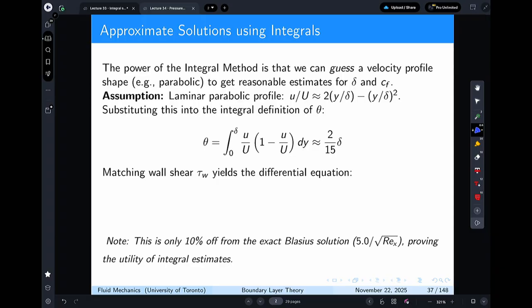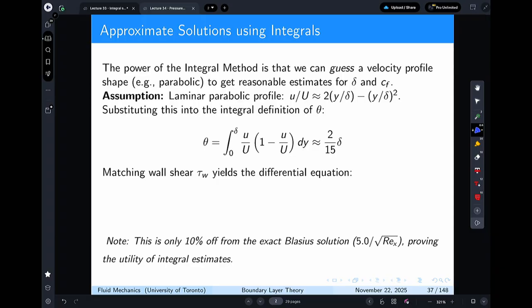For a laminar profile, you have u over u infinity, which has a shape of 2 times y over delta minus y over delta squared. If you integrate this, you end up with a momentum thickness, which is essentially the effect of the boundary layer on momentum across the flow, so essentially the deficit of momentum that you have.